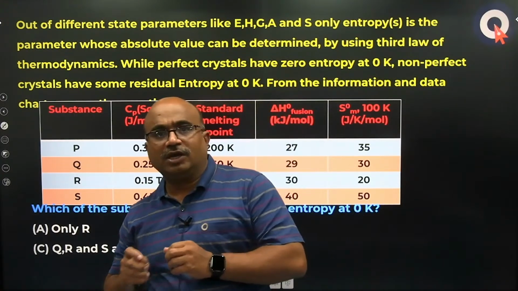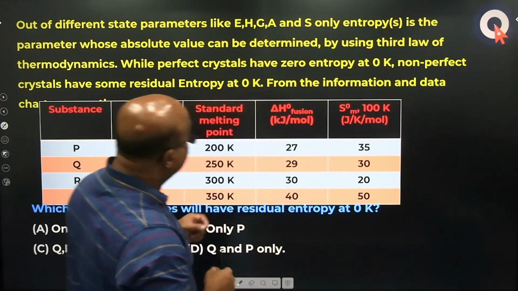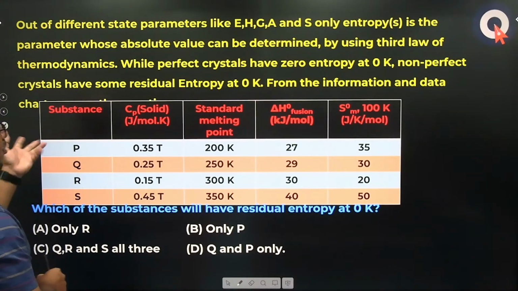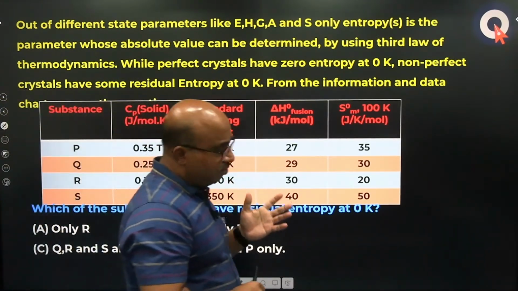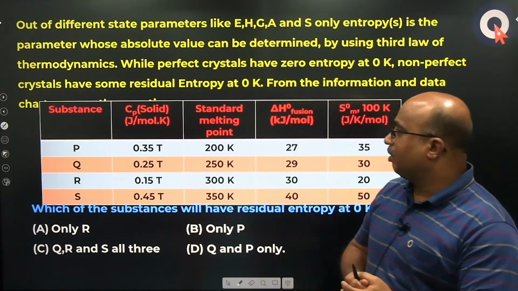If it is a non-perfect crystalline solid, the entropy will not become equal to 0. There is some residual entropy, which means it's not a perfect crystal.